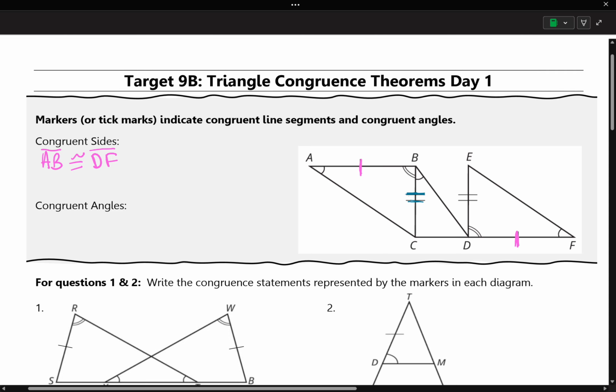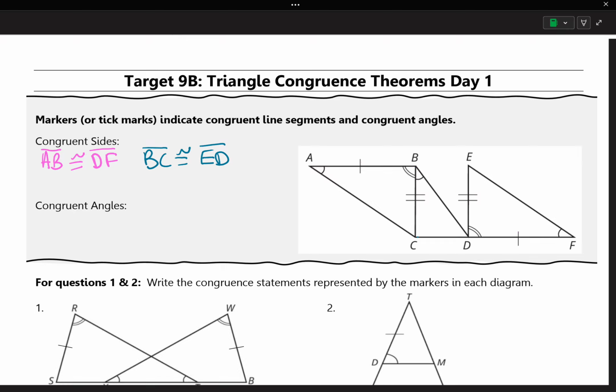We've got this side from B to C and this side from E to D. So I can write that BC is congruent to ED. I don't see any other sides, so let's go to angles.